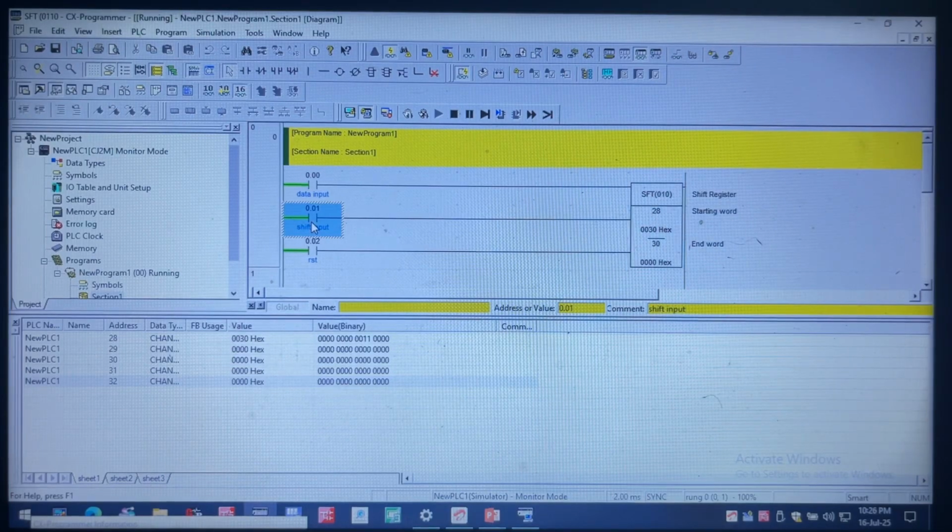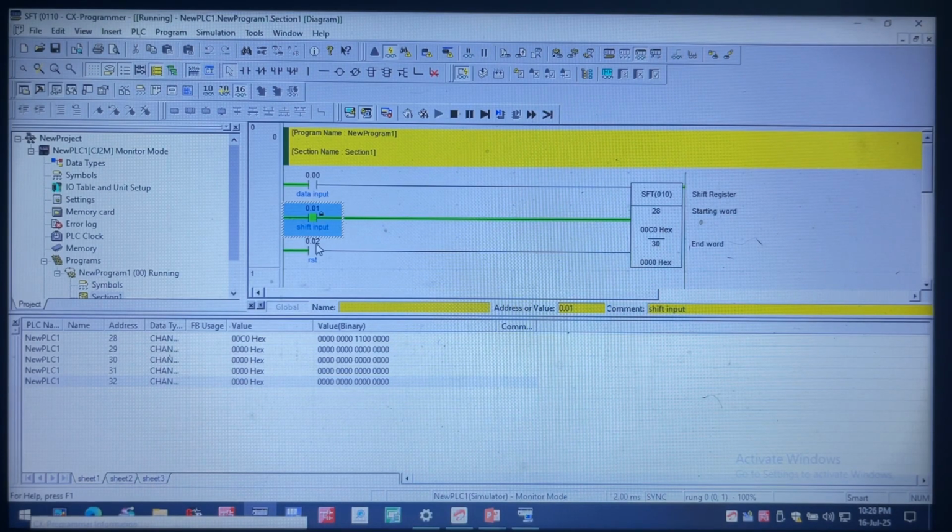Then Control plus G is forcefully on, and this value changes again one time. Control plus G is off, showing Control plus G is off. Now this value changes again, so with Control plus G, the value is shifting from one bit to one bit.